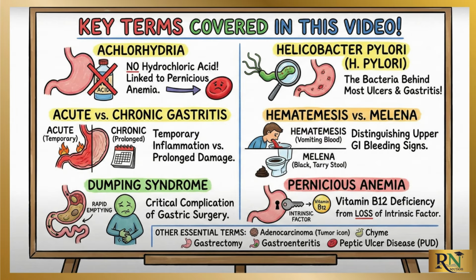Pernicious anemia, vitamin B12 deficiency caused by loss of intrinsic factor. Other essential key terms like adenocarcinoma, gastrectomy, gastroenteritis, and peptic ulcer disease. Now we're gonna go in deep in this chapter.